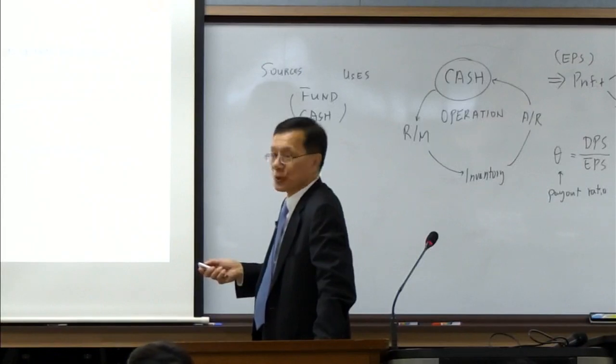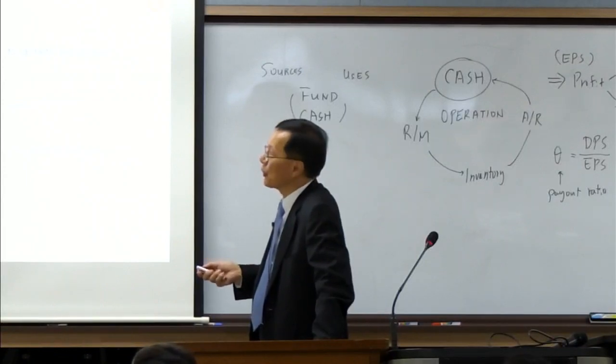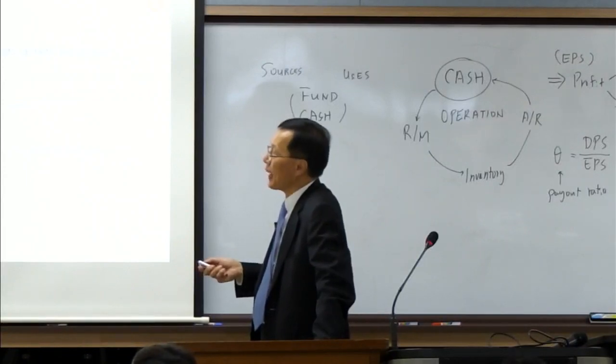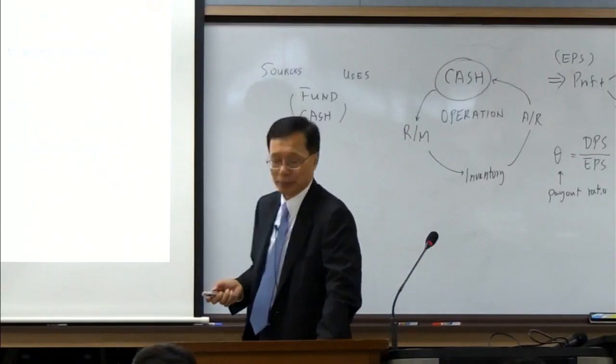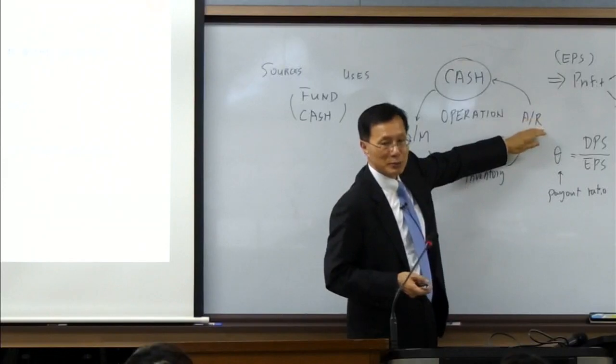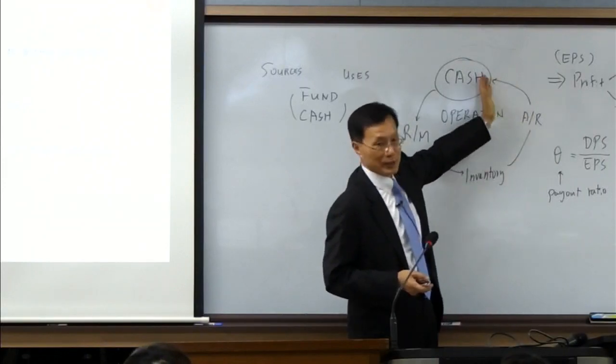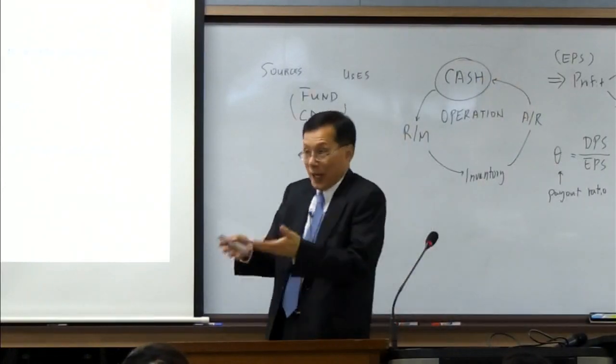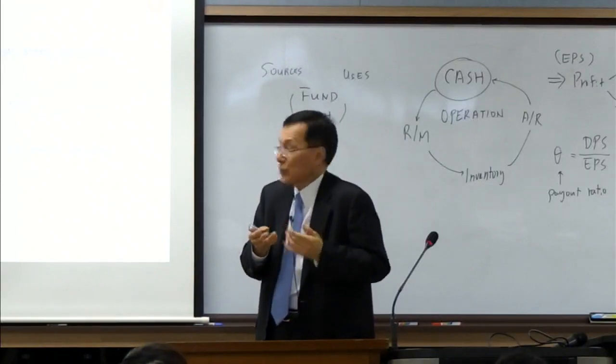A company can also generate cash inflows by decreasing asset accounts, such as accounts receivable. A decrease in accounts receivable means it is collected, and cash increases because of the collection.